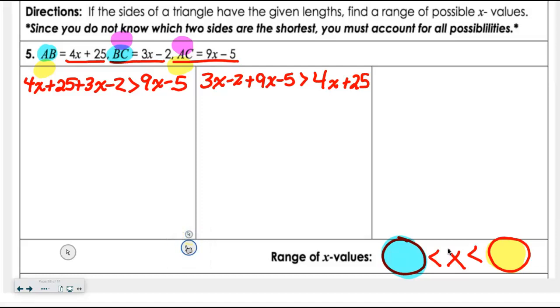So I grab the 2 blue, bigger than the purple, the 2 purple, bigger than the blue, and now the 2 yellow, which would be 4x plus 25 and 9x minus 5, and I'm going to make sure they're bigger than my third one. Once I'm done setting them up, I go look and make sure these are all different so I didn't goof up. I've got 9x minus 5 here. I've got 4x plus 20. I'm pretty sure it's all set up. So that's the setup. Any questions on how you set it up, Carter?